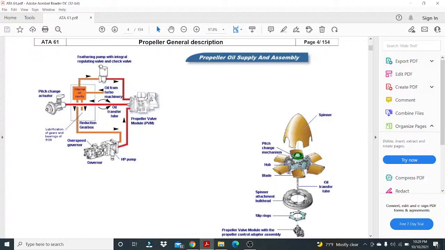Then it goes to the overspeed governor, and the HP pump increases pressure. If we push the throttle forward, the HP pump increases the pressure of the transfer oil, and then it goes to the PVM. The feathering pump is for feather, and this is for the HP pump.